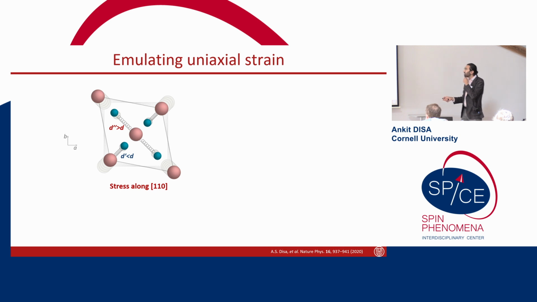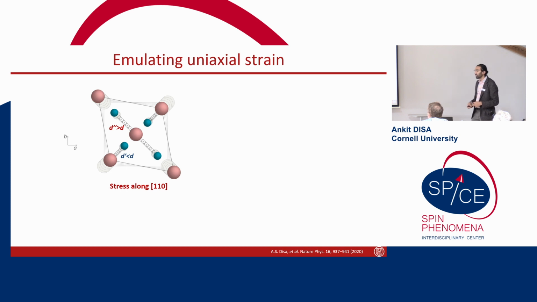And what strain is doing is basically breaking the underlying crystal symmetry of the lattice, in which the cobalt-fluorine bond length for the center cobalt and the corner cobalt are otherwise the same. But when you strain the system, they end up with these antisymmetric distortions. One gets longer and the other gets shorter. And essentially, this leads to a change in the orbital magnetic moment, which decompensates the two sublattices and gives you the ferromagnetic order.